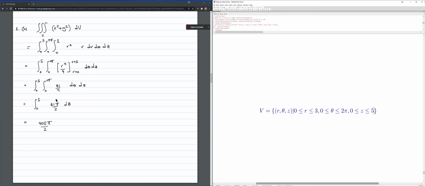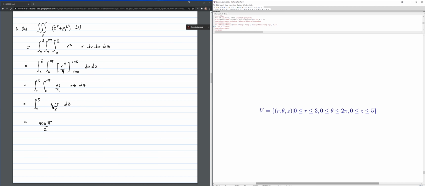The only thing left to do is to integrate with respect to z. Integrating with respect to z gives 81 pi z on 2, and then I put in the 5 and the 0. Putting in 0 just gives 0, so the only non-zero part comes from z equal to 5.